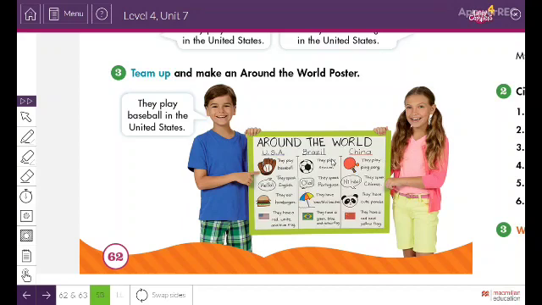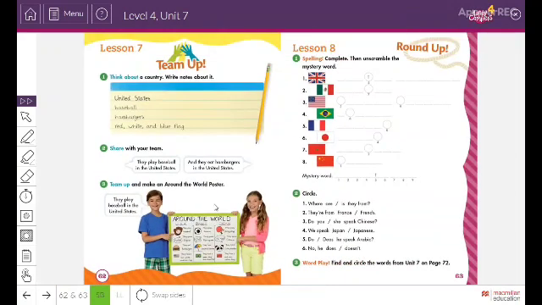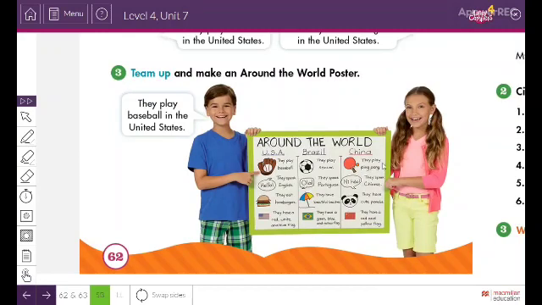And then what sports they like to play here. Draw the pictures of the sports that they like to play. And what languages do they speak? USA, America, so Americans speak English, so hello.